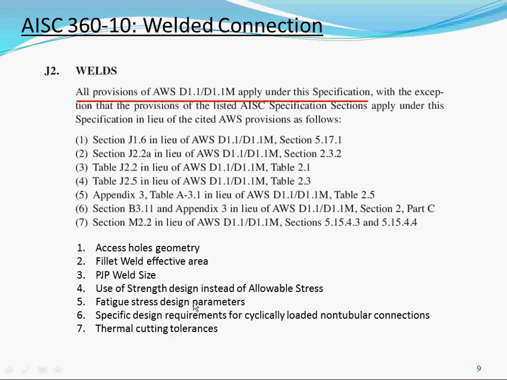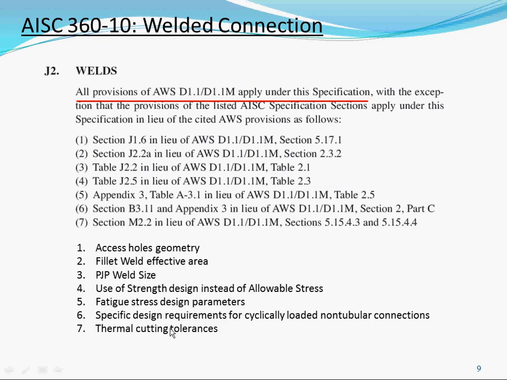Some fatigue stress design parameters are a little different, but we won't be covering any of these. This is for vibration, fatigue, or stress, or bridge design vehicles, a lot of loading cycles, where your stress fatigue is concerned. We won't be touching that. Tubular structures, non-tubular structures, cyclically loaded: there are some differences in design consideration.